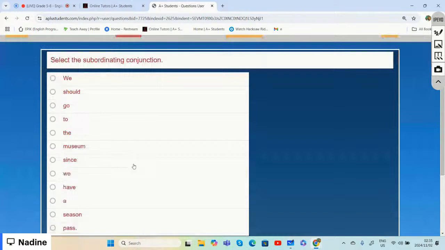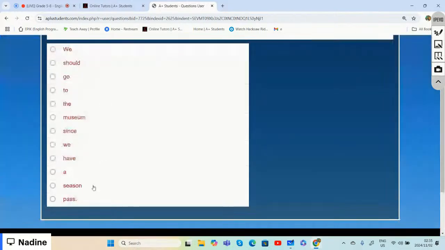All right, let's look at the last one. It says, we should go to the museum since we have a season pass. Oh, it's pass. I get confused between pass and pass because of our language in South Africa.